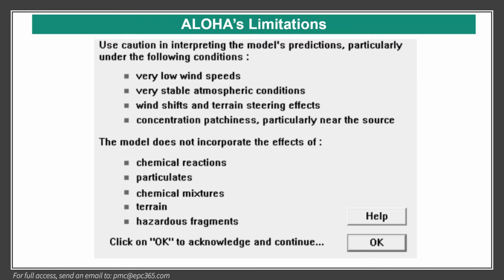Here I wanted to say, and even in the package there is a notice at the beginning, that ALOHA has limitations: very low wind speed, very stable atmospheric conditions, wind shift and steering effects, and concentration patchiness, particularly near the source.